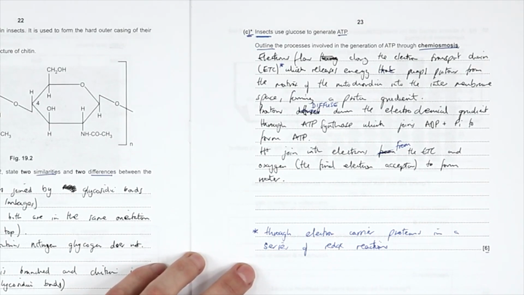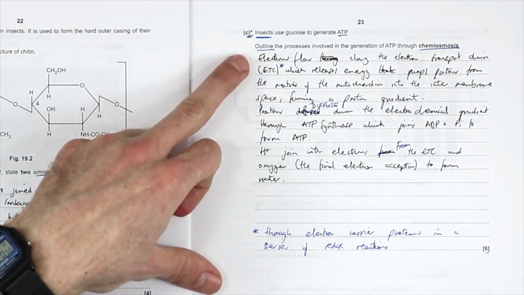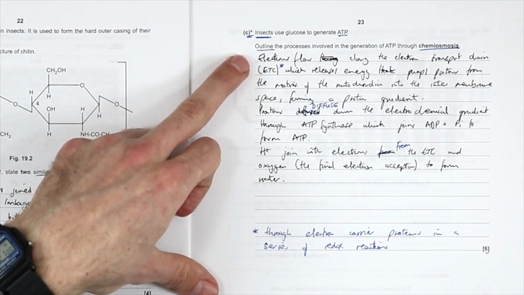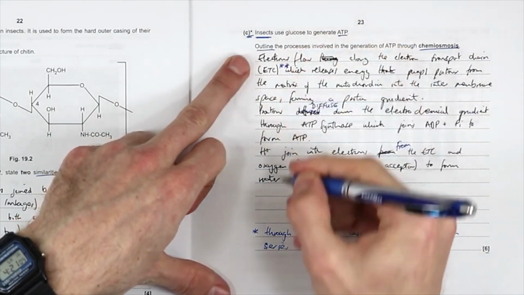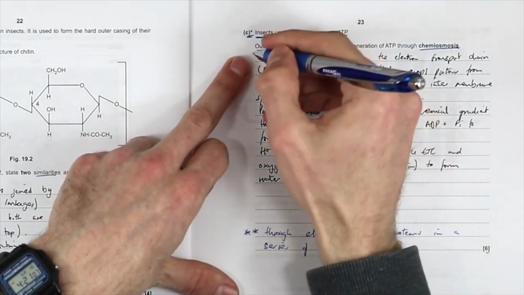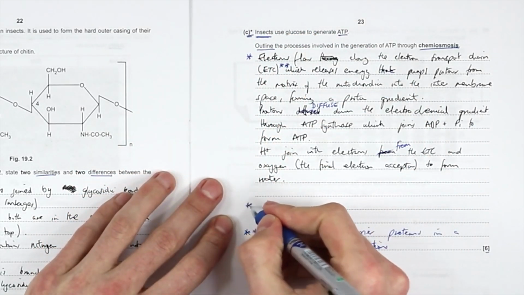Protons diffuse down the electrochemical gradient through ATP synthase, which joins ADP and Pi to form ATP. I've started with the electrons. Maybe we should say that the coenzymes are oxidized to release the electrons in the first place. Okay, so I'm going to make this a double. I'm going to put one right in here. It's 6 marks.